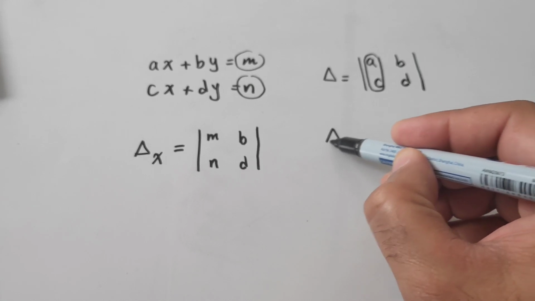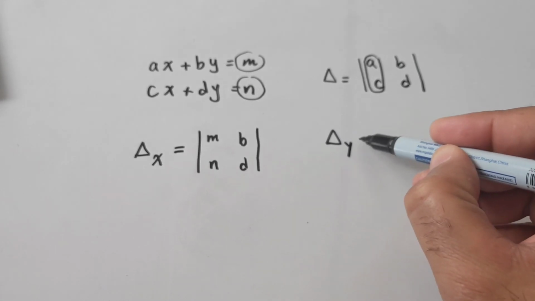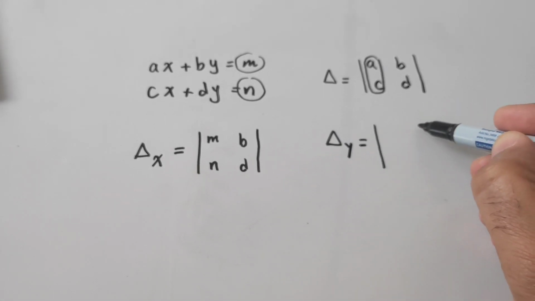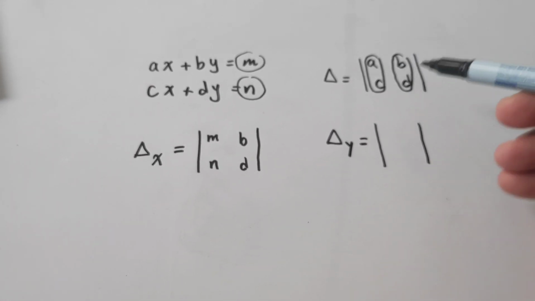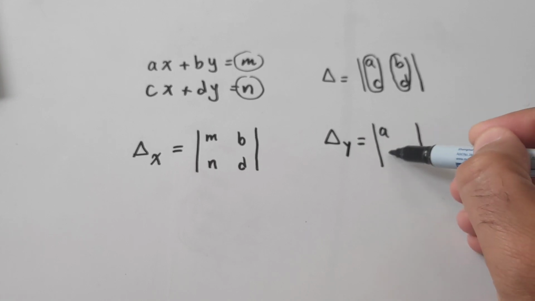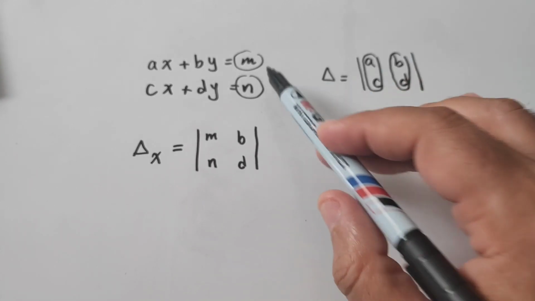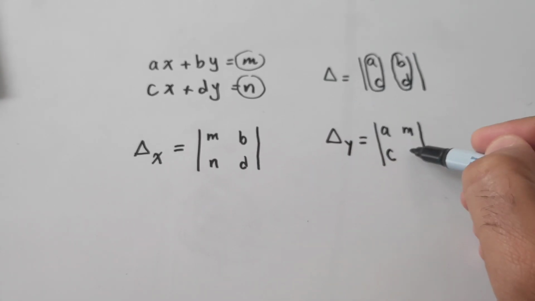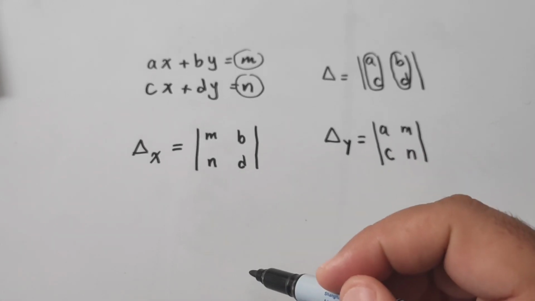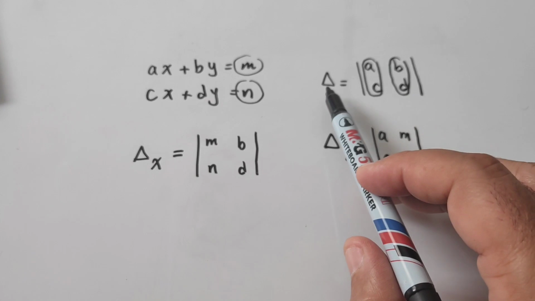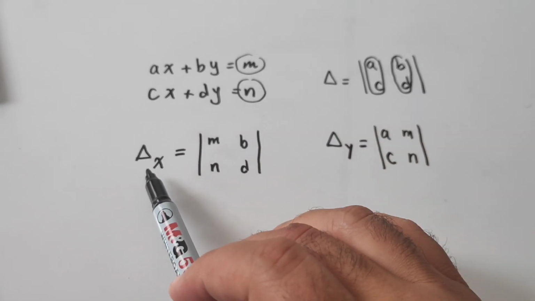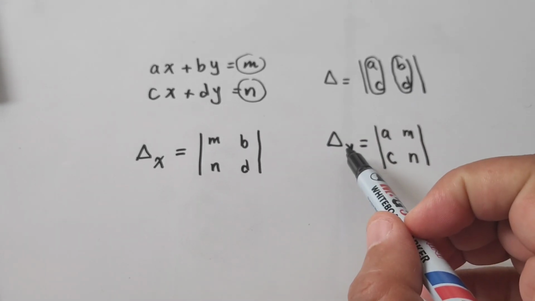Thirdly, we find delta y. We change b and d with m and n. We now have three determinants: delta, delta x, delta y.